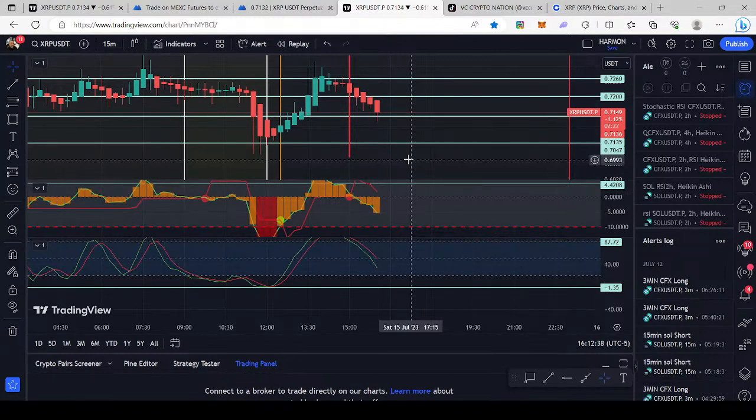So this is in a pullback situation until the 4 hour reverses up. And you can get an entry into that basically when the 3 hour starts to push up. So take a look at your 3 hour in XRP.